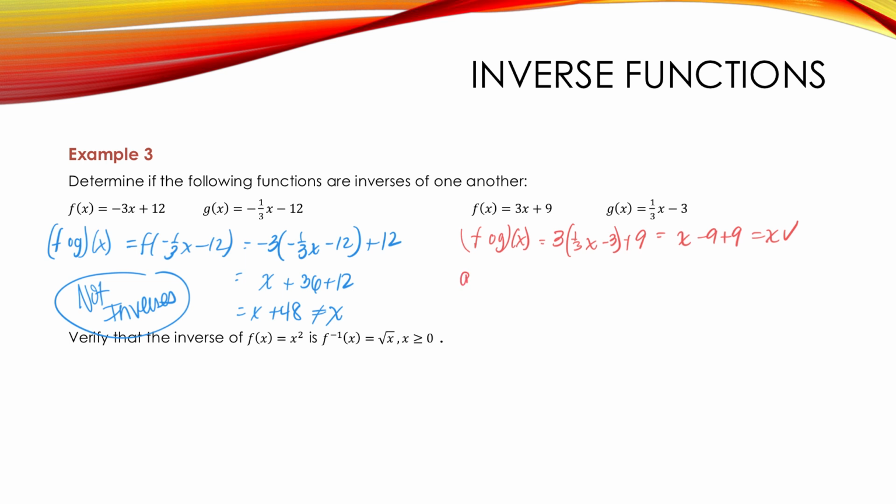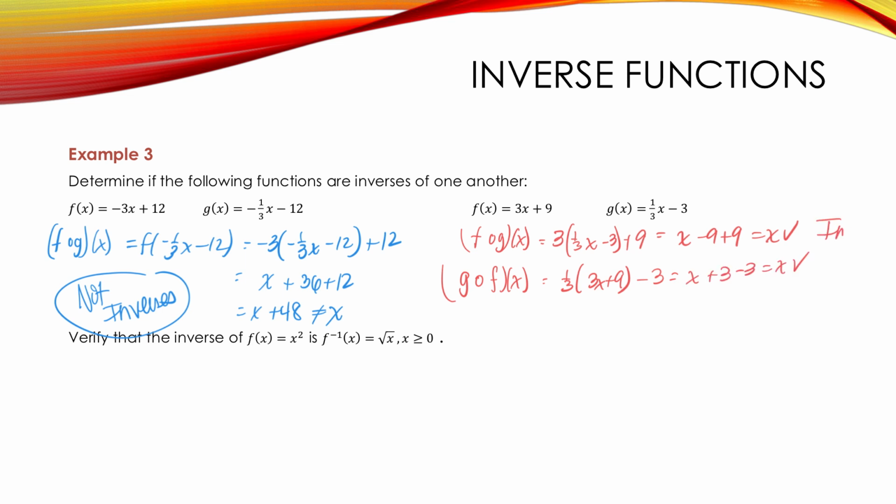Now let's find g of f. G of f of x. In that case, I get 1/3 times 3x plus 9, minus 3. So we get x plus 3 minus 3, which is x.